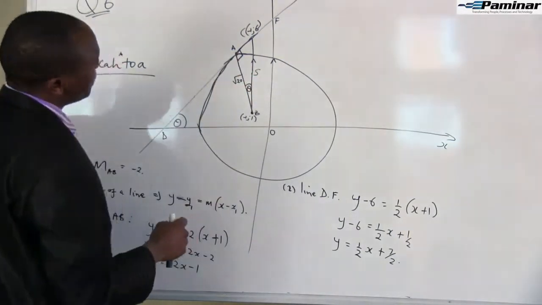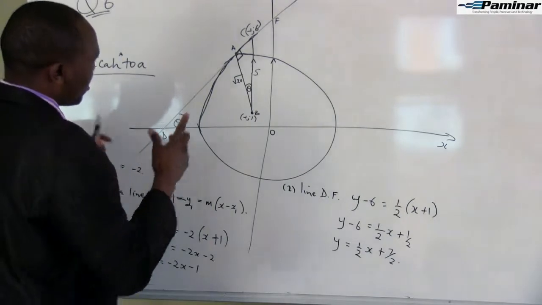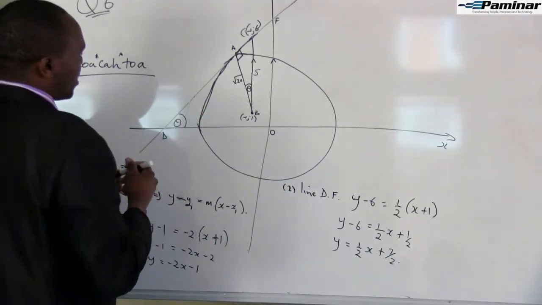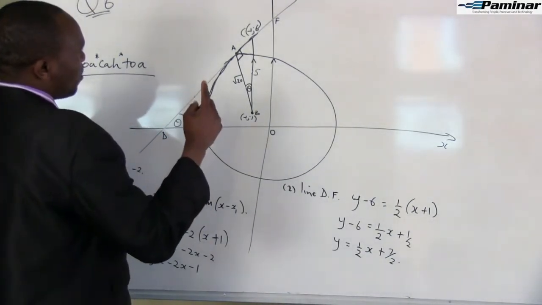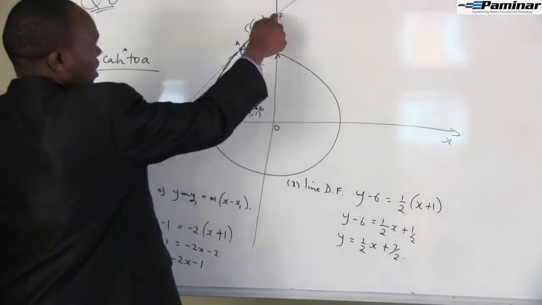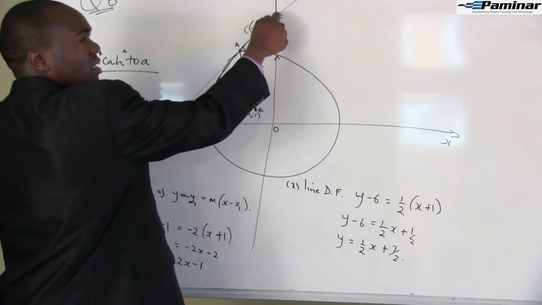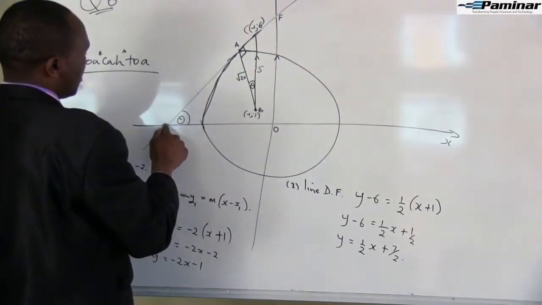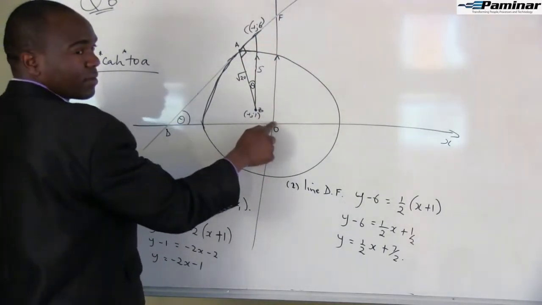So the points, whatever that we need, is from this point A. Let's now picture it this way. What is the value from here to there? That's what you need to calculate, right? And then we also need from here to there.